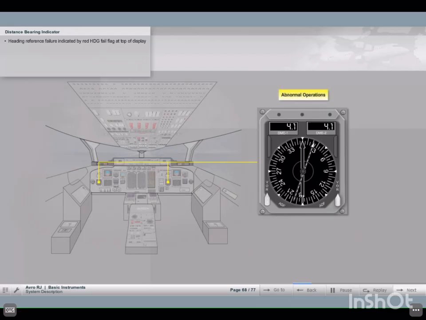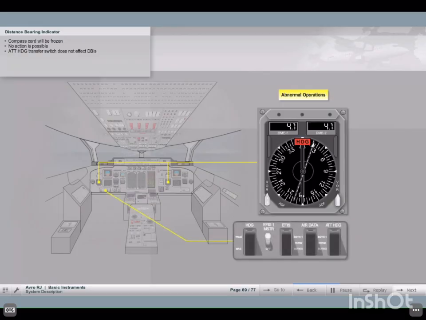Abnormal operations. Heading reference failure is indicated by a red heading fail flag at the top of the display. The compass card will be frozen. No action is possible. The attitude heading transfer switch does not affect the DBIs.